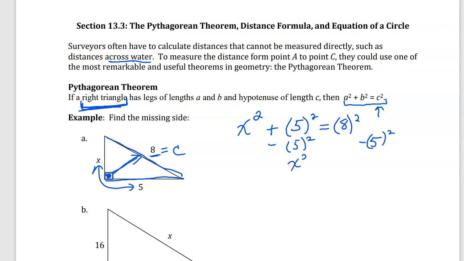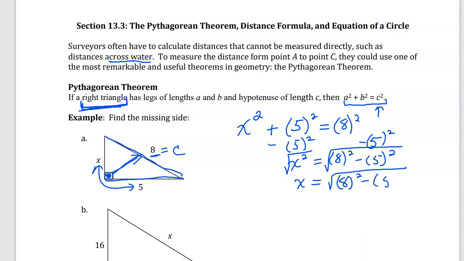And that would leave me with x squared is equal to my 8 squared minus 5 squared. And then to get rid of a square, we take the square root of both sides. Okay. So I get x is equal to the square root of 8 squared minus 5 squared.